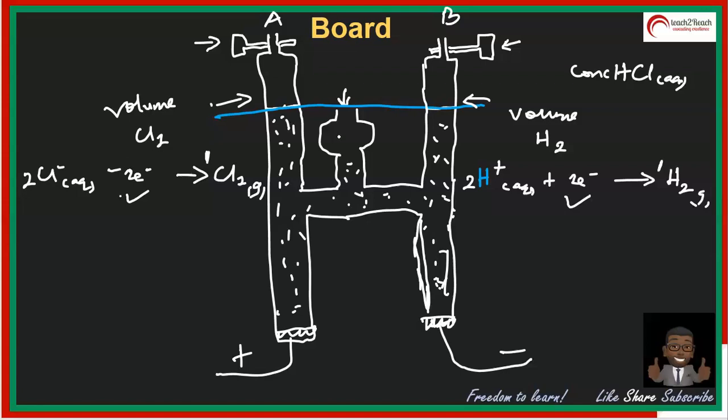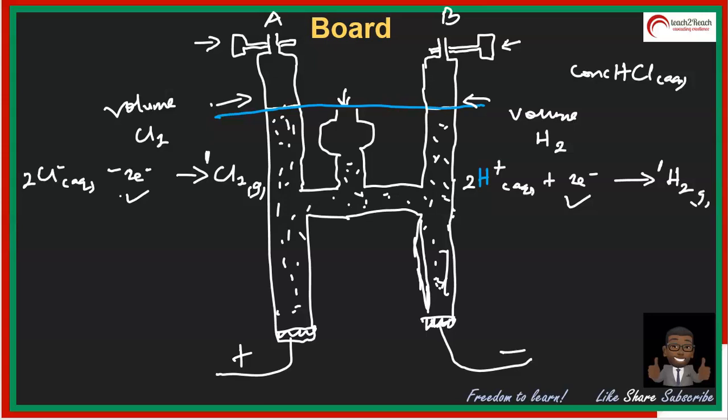So we have been able to look at this: if you have different moles of electrons in the equation, then you are going to have different volumes. We are going to see how that plays out in the next electrolysis, which will be the electrolysis of dilute sulfuric acid. So we have seen the electrolysis of concentrated acid, how it looks like.